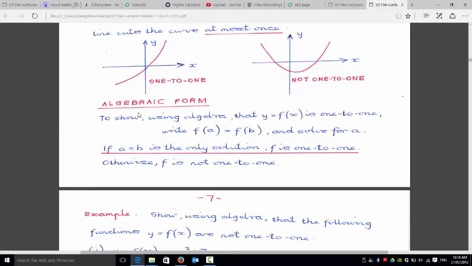Given a function, we just write f(a) is equal to f(b), and we try to solve for a. If a is equal to b is the only solution, it will be a one-to-one function. Otherwise, this function is not a one-to-one function.